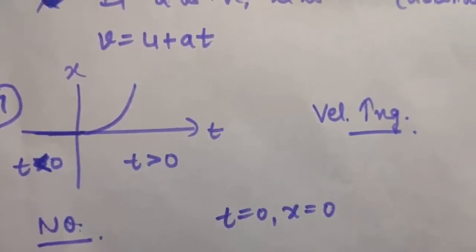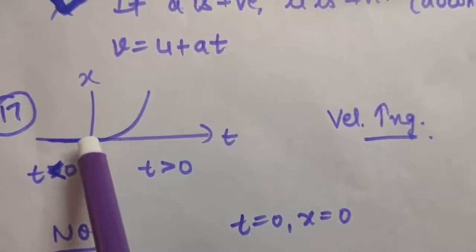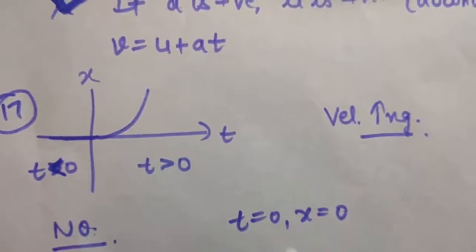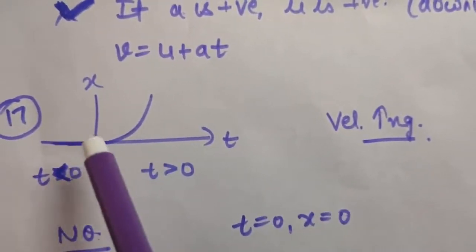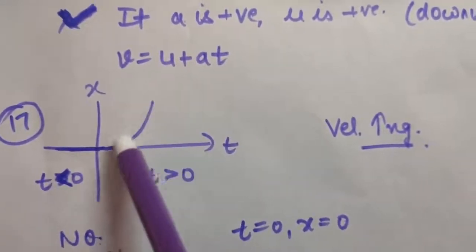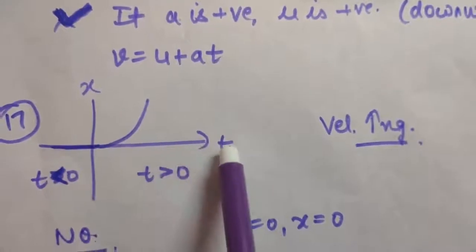From this we can only state that at t equal to 0, the distance traveled is 0. So we can conclude this from the graph. And then we can say, if you calculate its slope, it is continuously increasing. And as you know, the slope of a position-time graph gives velocity.